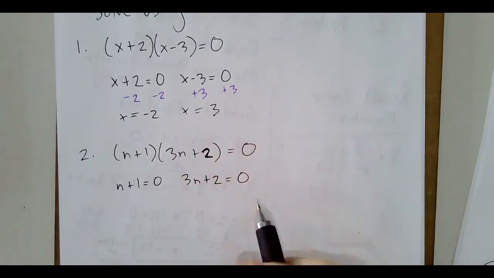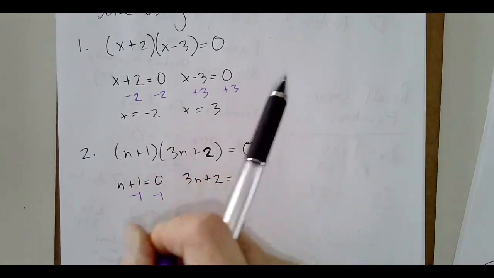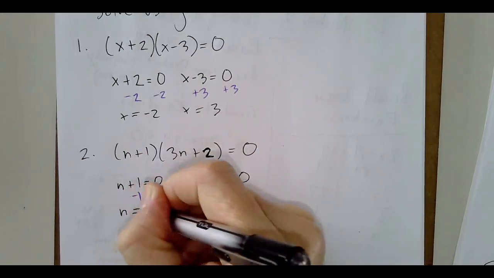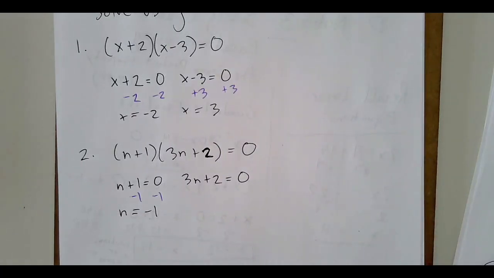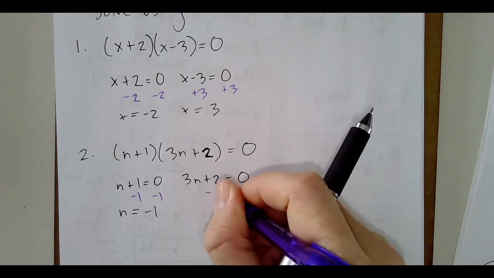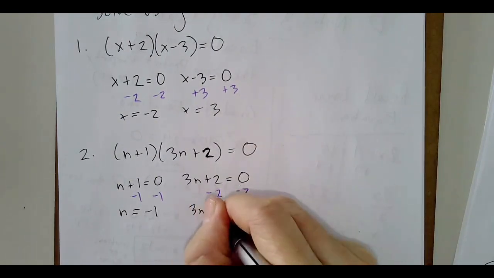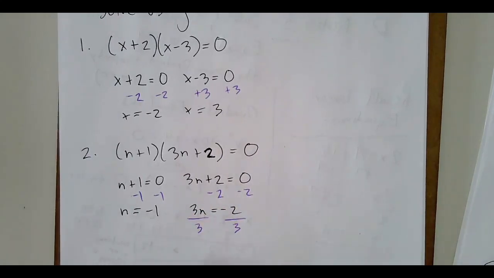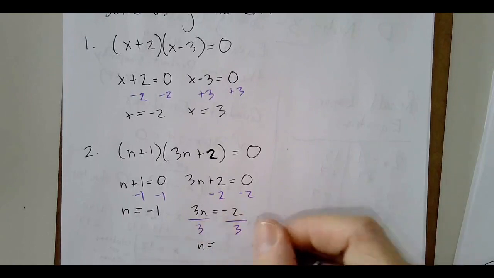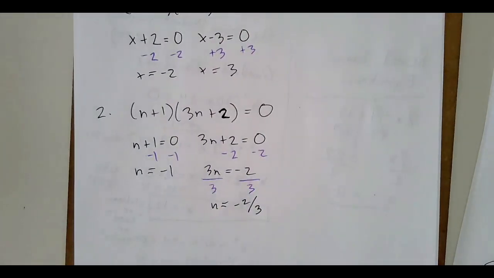Except the second factor is going to have 2 steps. What's the first step? Like we did in the linear equation, undo the +2. Then divide both sides by the coefficient, undo the times 3. So your answer is a fraction, you see.